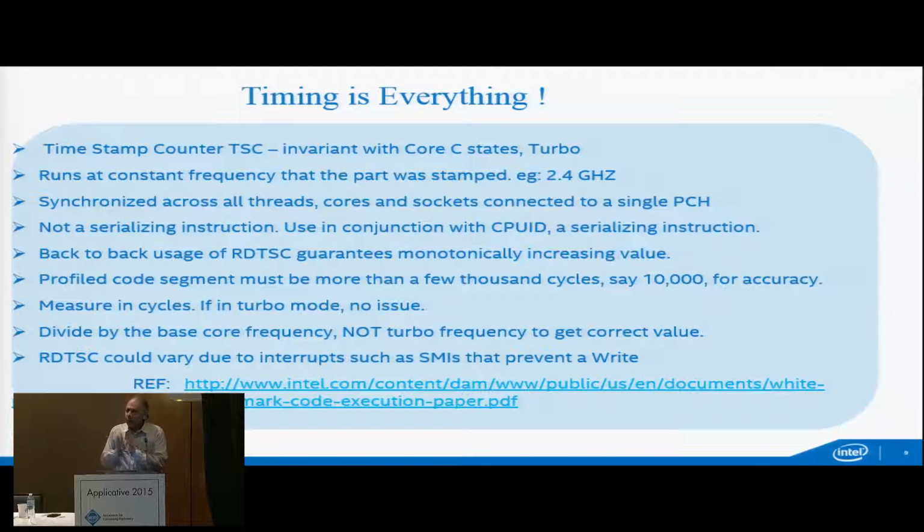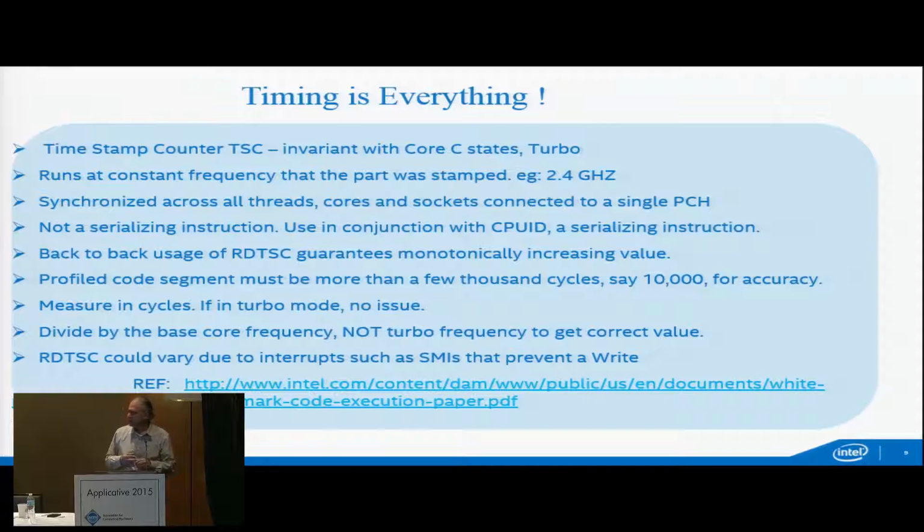So whatever state the core is in, the timestamp runs invariant at the frequency that was stamped on it when it was made. So if it's 2.4, it'll run at 2.4. You turbo it, that's fine, but the TSC runs at 2.4. So it's synchronized. This is post Nehalem, so we are into Ivy Bridge and Haswells.